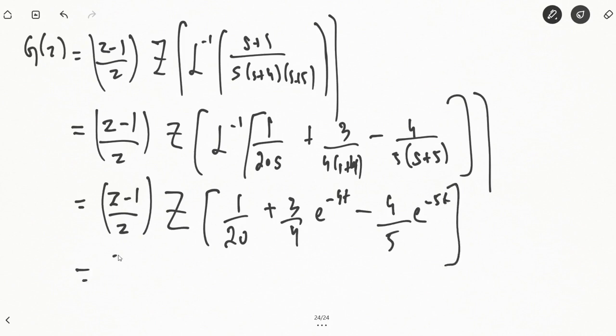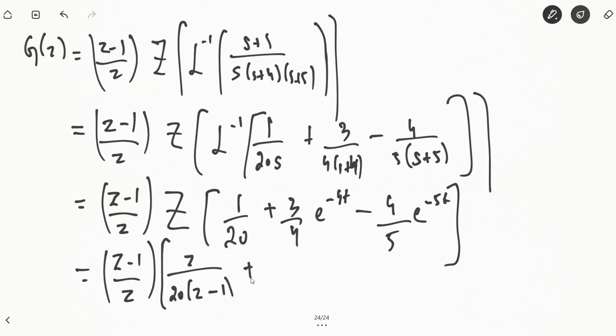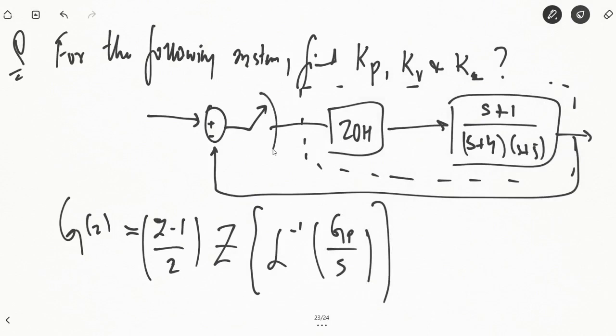So this becomes (z minus 1) by z times [z by 20(z minus 1), plus 3 by 4 times z divided by (z minus 0.67), minus 4 by 5 times z divided by (z minus 0.61)]. Here T is 0.1 seconds.